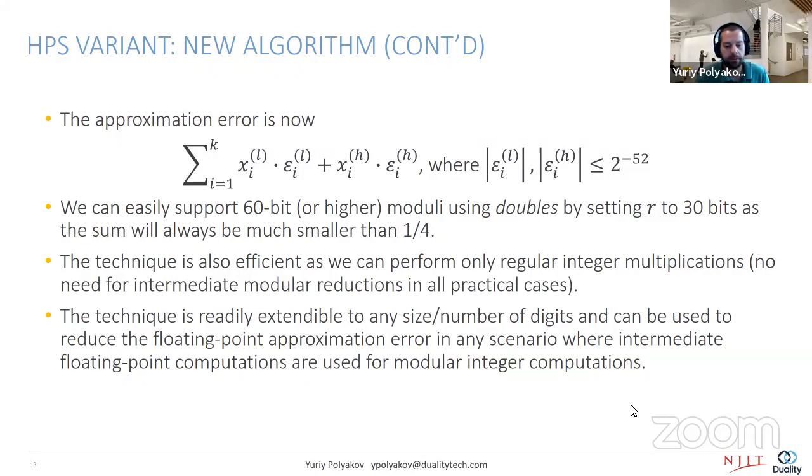Whenever we have a problem where we're working with floating points as an intermediate step in some mode to support modular integer computations, we can always use that trick to reduce the precision for floating point computations. So from the practical perspective, this removed the requirement in PALISADE for any extended precision floating point numbers.